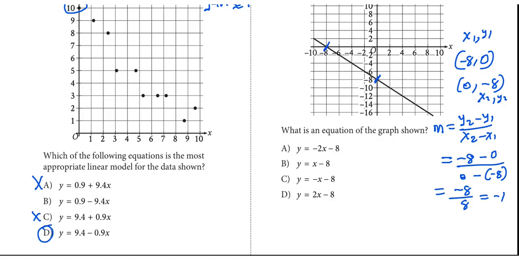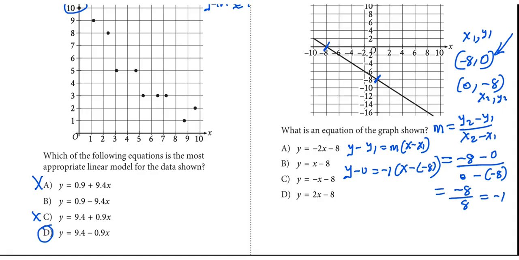All right, so we can choose any of these 2 points and use it with the point-slope form. y minus y1 is equal to m times x minus x1. So if we are making use of the first point, then y1 is 0, so this will become y minus 0 is equal to the slope, which is -1, times x minus -8. So let's put that in a bracket.